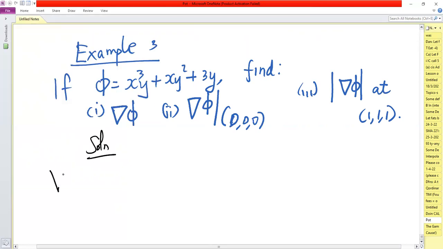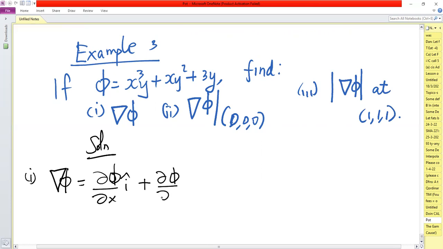Solution. By definition, gradient of phi is given by partial phi partial x i plus partial phi partial y j plus partial phi partial z k.